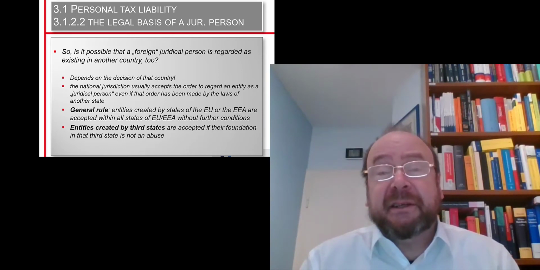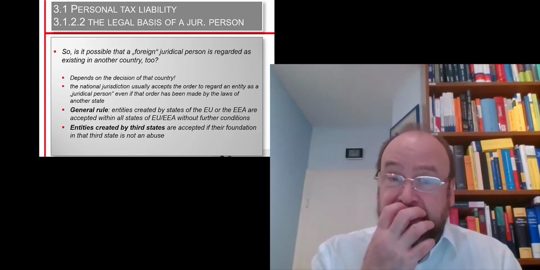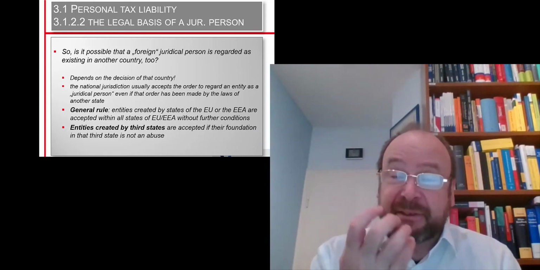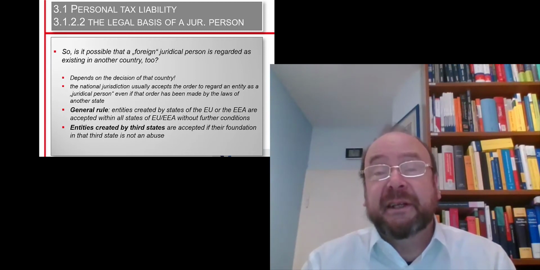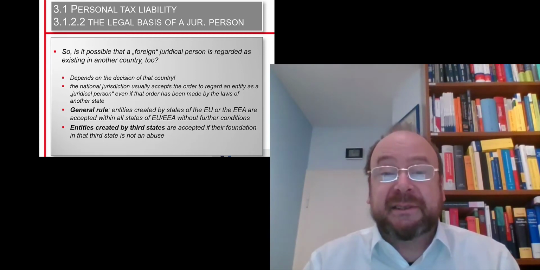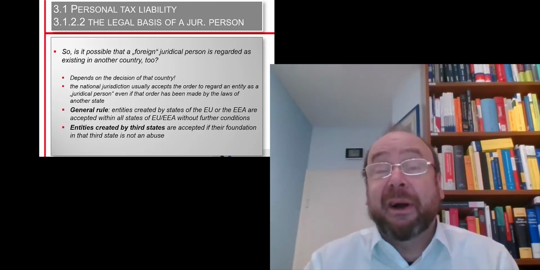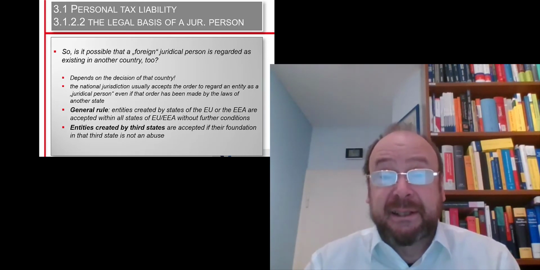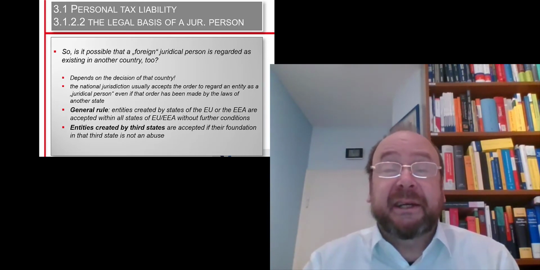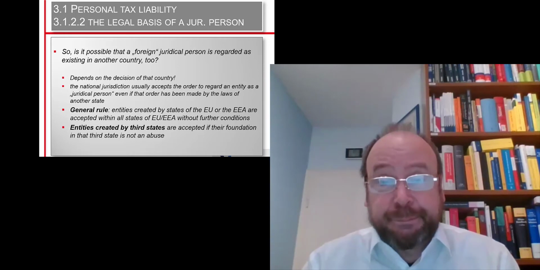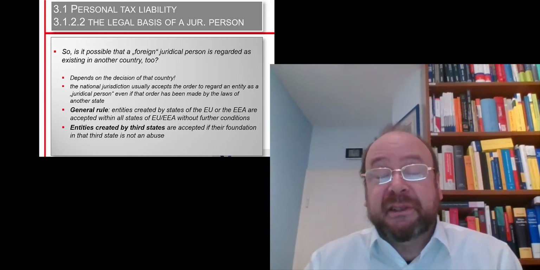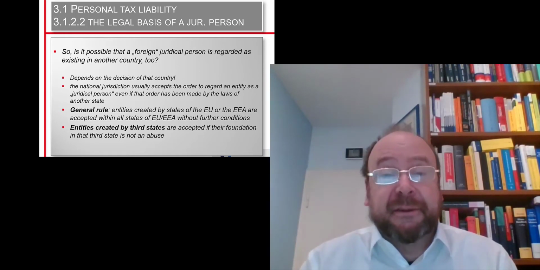Some states make it plain and simple and say every juridical person which is registered in a foreign state, which got the status of a juridical person by a foreign state, is accepted by us as a juridical person as long as it is accepted as a juridical person by its foundation state, so until it is removed from the register.